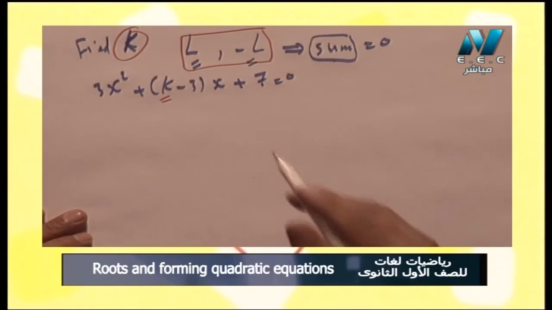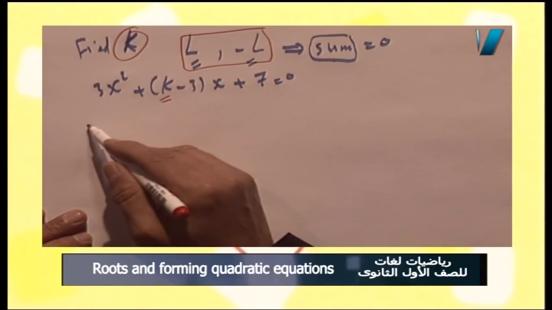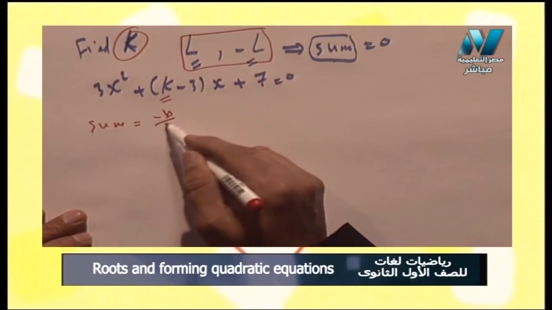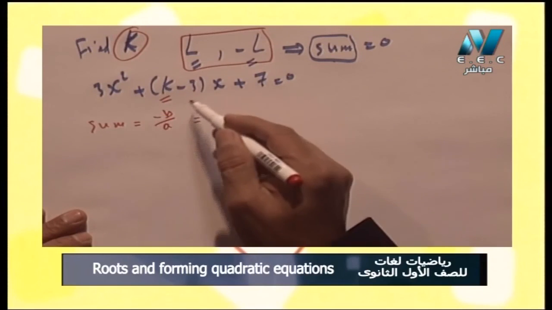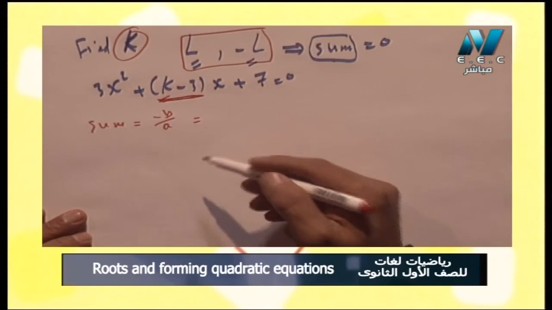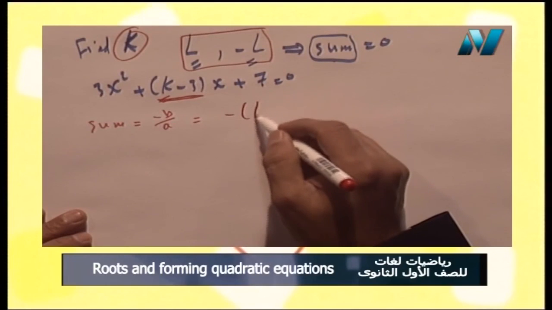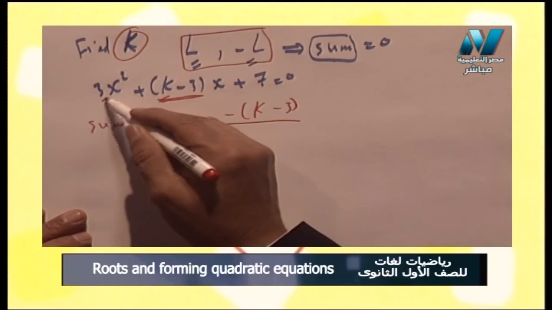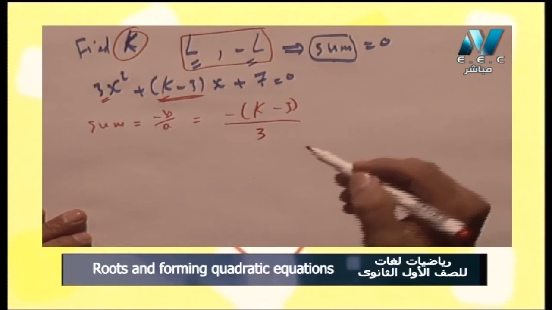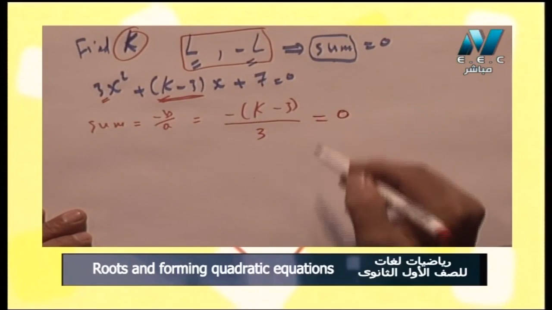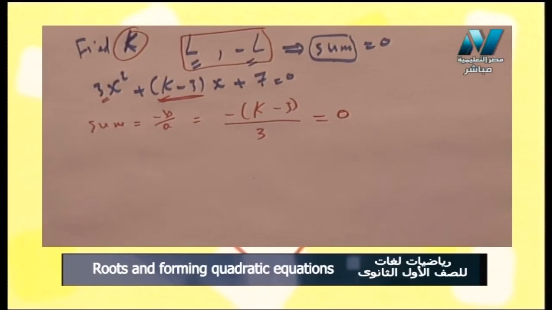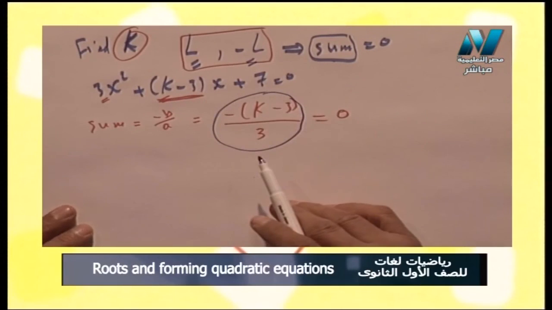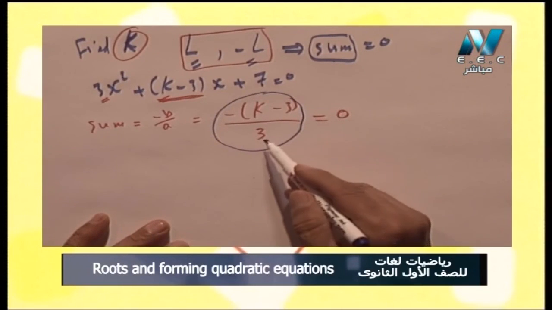What is the sum of two roots here? The sum, of course, equals negative b over a. Where is negative b? Negative b is the negative of this part. So negative (k minus 3) over a, which is what? 3. The sum here equals 0. And we know if a fraction here equals 0, we cannot say that the denominator equals 0.